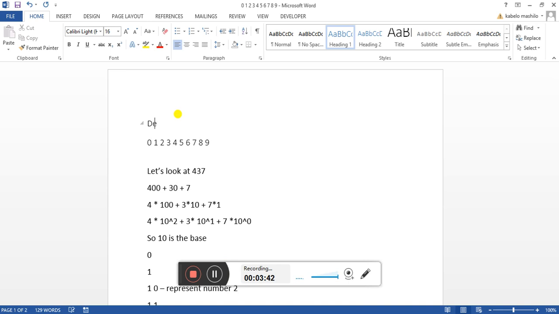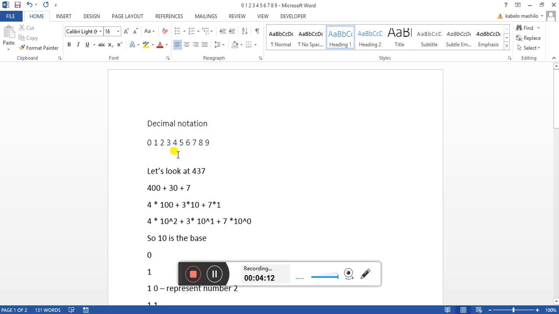In decimal notation, we've got our base 10, counting from 0 up to 9.